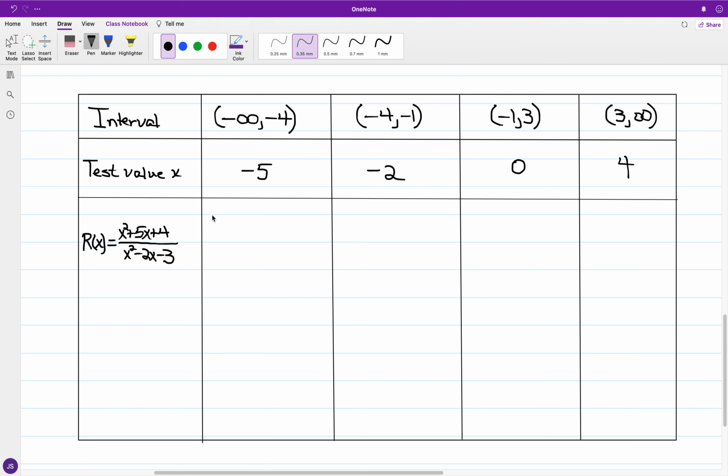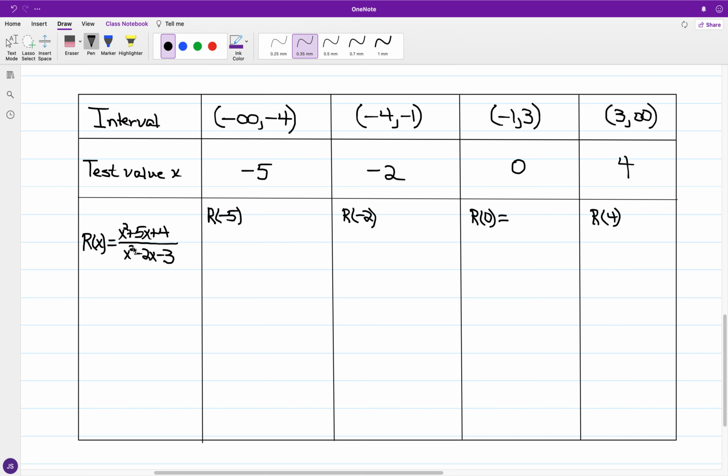Okay, so we have with our values, and the output. So you have r of negative 5, r of negative 2. You have r of 0 and r of 4. And we'll go ahead and tackle r of 0.